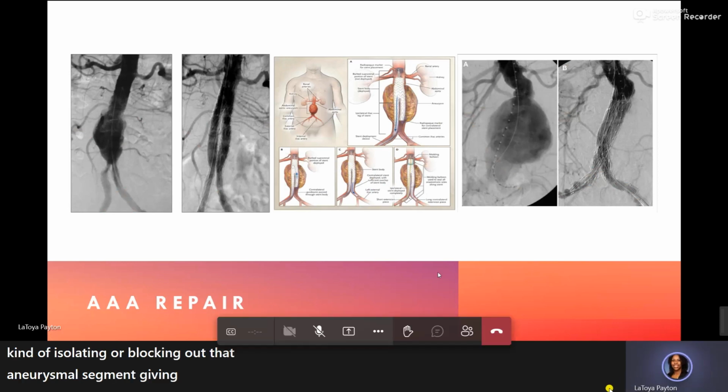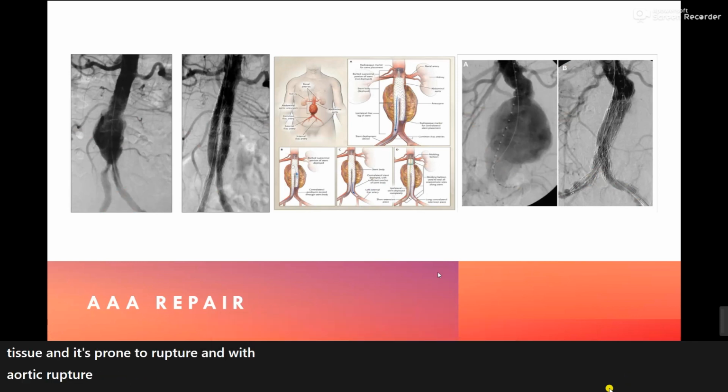Because we know the issue with aneurysms is that this is a weakened, dilated area of tissue, and it's prone to rupture. And with aortic rupture, there's not a whole lot of chance of survival.